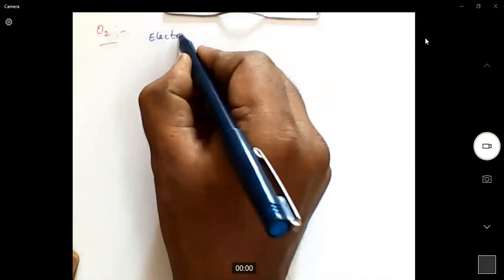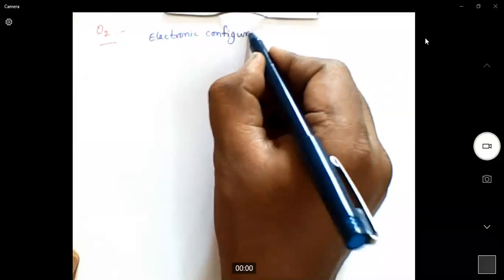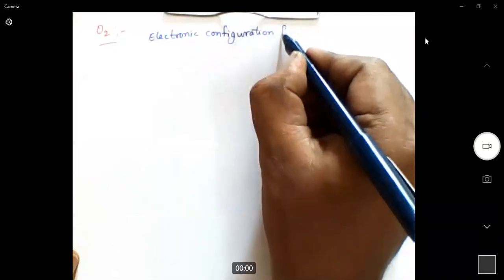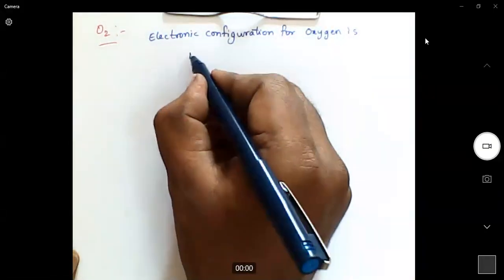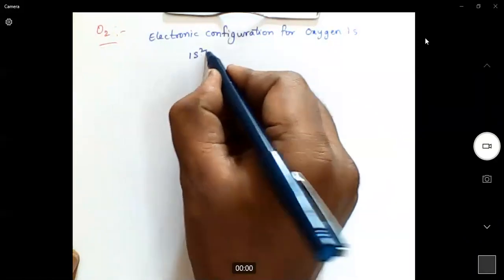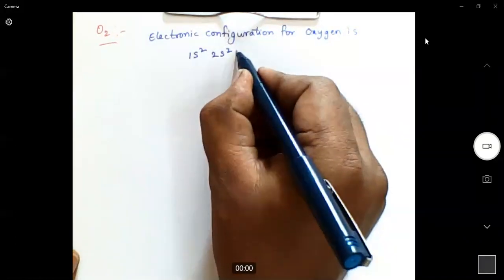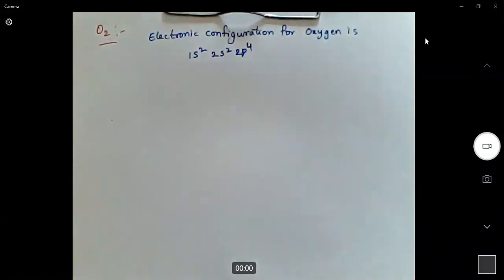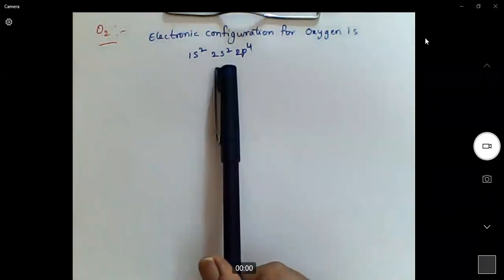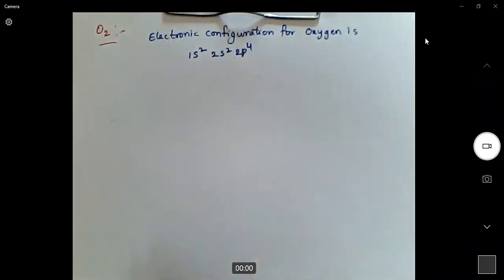The electronic configuration for oxygen atom: oxygen atomic number 8, 1s2, 2s2, 2p4. Its atomic number is 8. So that means we have 1s orbital, 2s orbital and 2p orbitals.